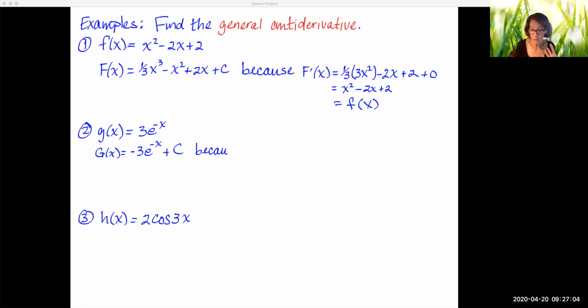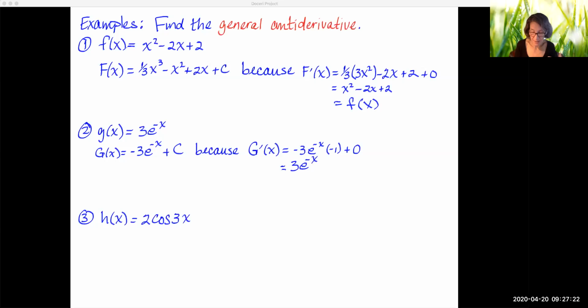And that's because when we differentiate it, capital G prime of x is going to be -3 times e to the negative x times -1, using the chain rule, plus 0.